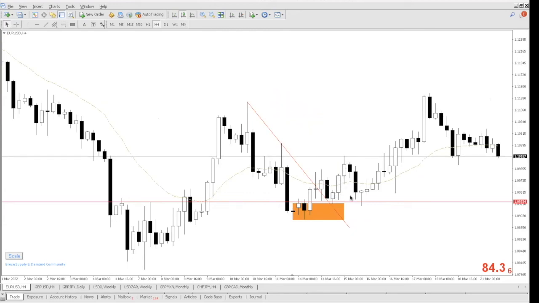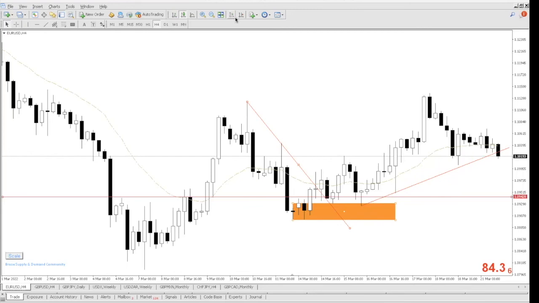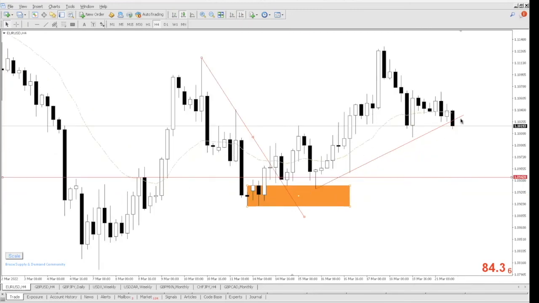Let's check the second time. It touched it again, went up, right? And if we draw this latest one again, the ones I'm connecting are this and this one. This is a V here.